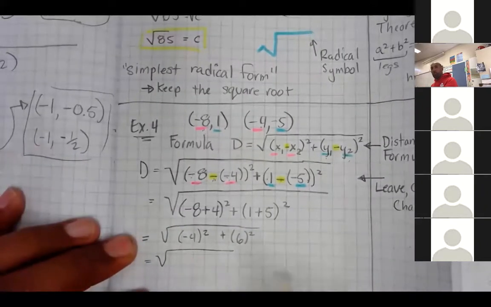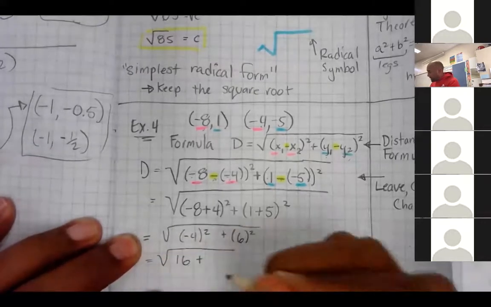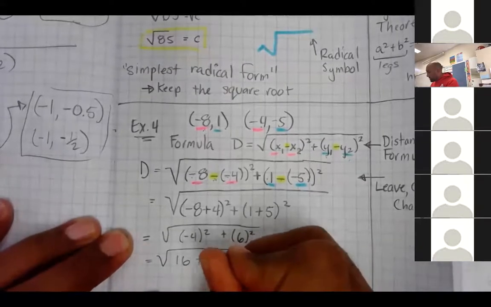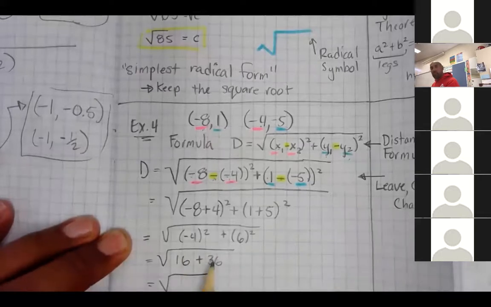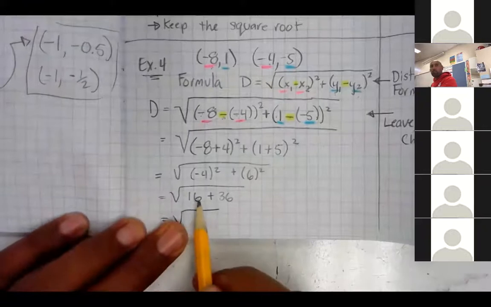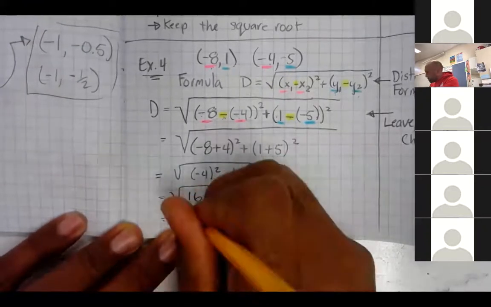So negative 4 times negative 4 is positive 16. And then 6 times 6 is 36. Then we add those together. So 16 plus 36, that's going to be 52.